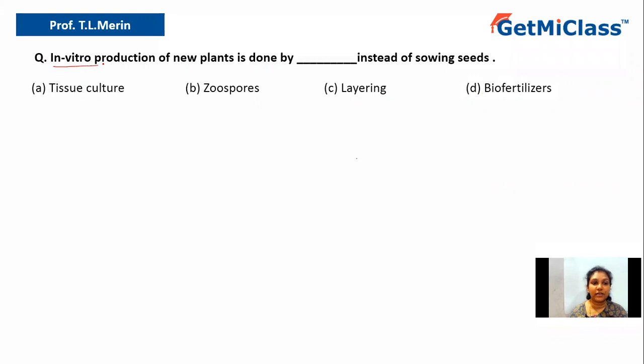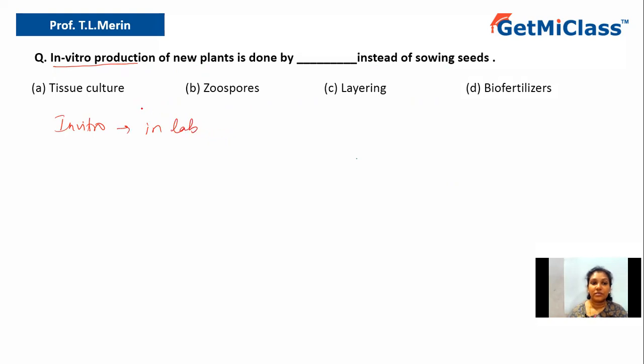It says in vitro production of new plants is done by dash instead of sowing seeds. So which among these is a method by which we can produce new plants in in vitro condition? In vitro means nothing but in the lab condition. That is what is called in vitro.